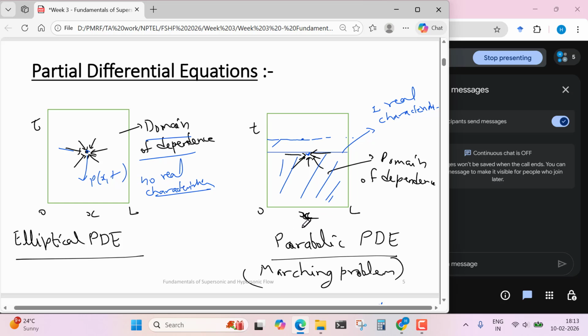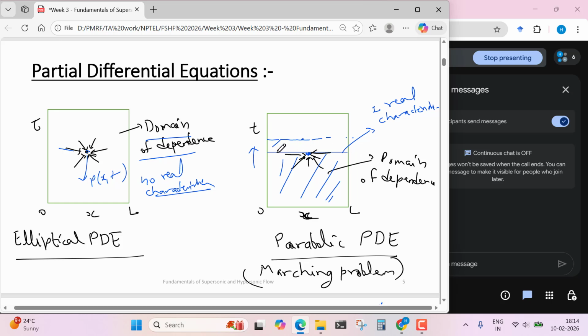And for a parabolic partial differential equation, it is similar to a marching problem. If there is one point P, then its solution will depend on whatever has happened before in the time domain. So this is called the domain of dependence.